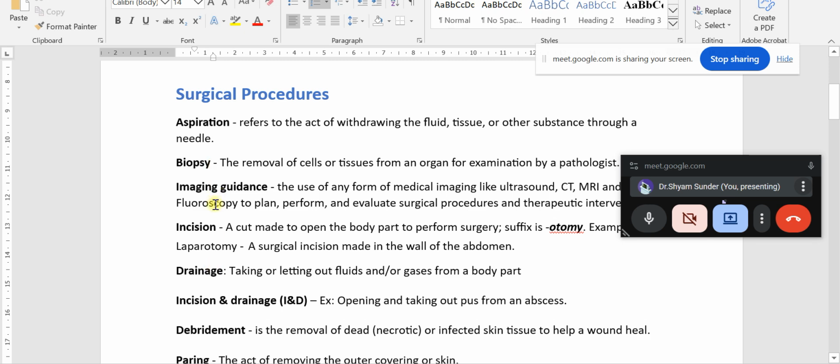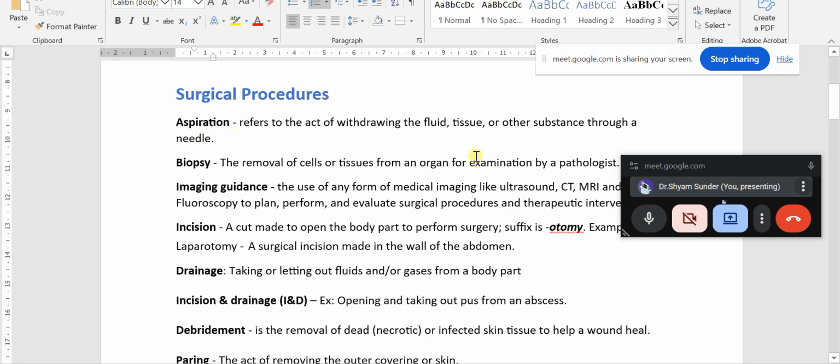The only difference is the organ is different. A dermatologist will do aspiration on skin. An orthopedician will do the same aspiration on muscle, cartilage, ligament, bone, joint. A cardiologist will do the same aspiration on heart, artery, vein. A urologist will do the same thing on kidneys, bladder.